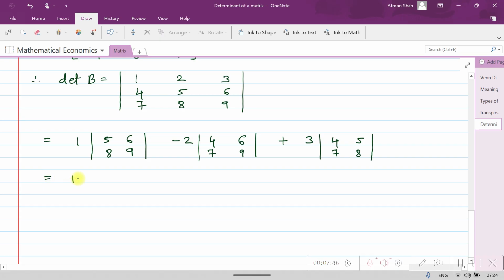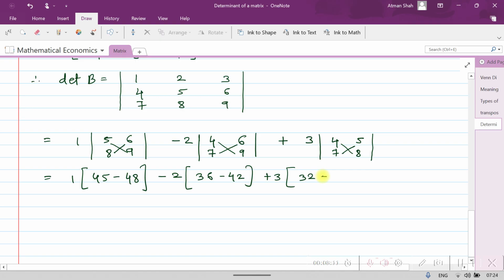So it is 1 into (45 minus 48), minus 2 into (36 minus 42). This is 36, this is 42. Similarly here we have 45 and 48, plus 3 into (32 minus 35).